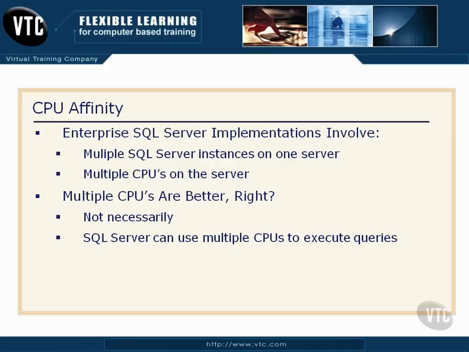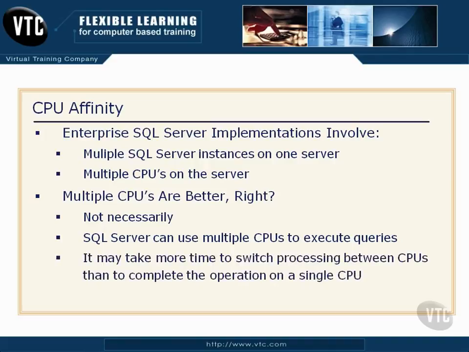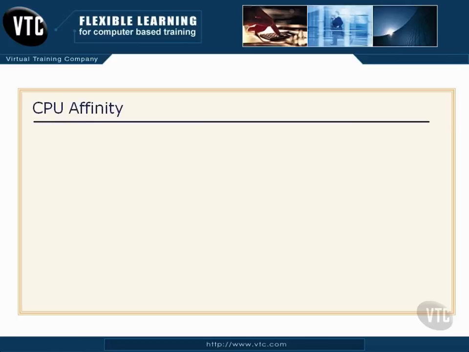And a lot of times, it's very possible for SQL to spend more time doing housekeeping and staying on the right thread and switching back and forth correctly than it would if it could just run the query on one CPU, kind of like the old tortoise and hare story, right? Just keep moving steadily. That's better than these quick little bursts and stops. And so you'll a lot of times spend more time switching processing between CPUs than you would if you just ran the operation on a single CPU.